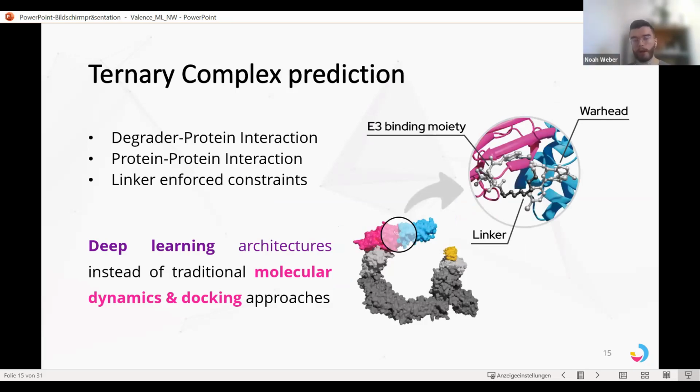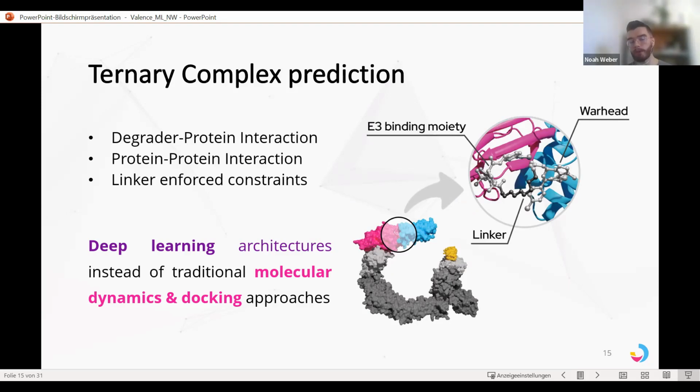And now I'm coming slowly towards active learning and how we are modeling exactly this aspect with machine learning. In order to model it, again, there are multiple facets. It's not only the standard inhibition story, where you have the degrader and inhibitor and then try to see how this will be docked. Here are the multiple aspects.